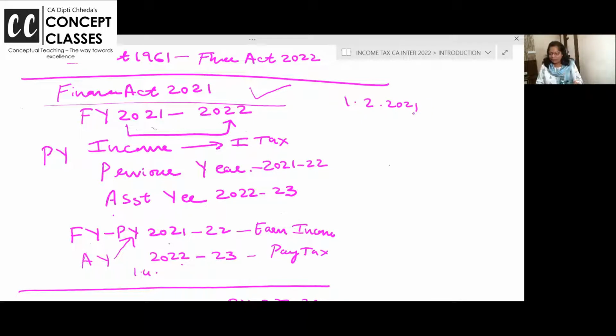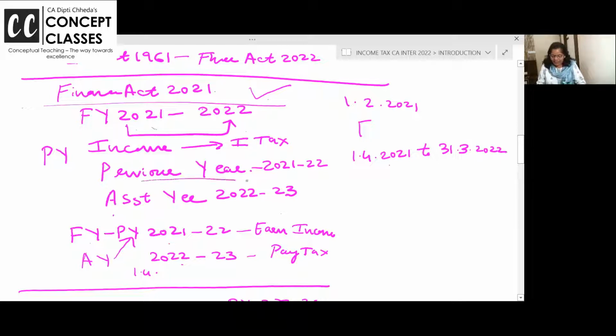Once approved by President, it becomes Finance Act 21, and whatever rules, regulations of Act income tax are applicable, they are applicable for the financial year, which starts from 1st of April 2021 to 31st of March 2022. Is this all clear to all of you?